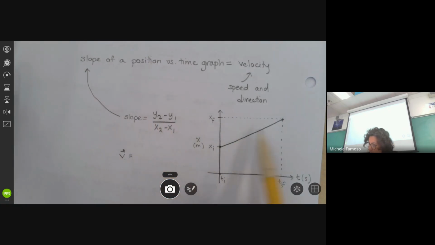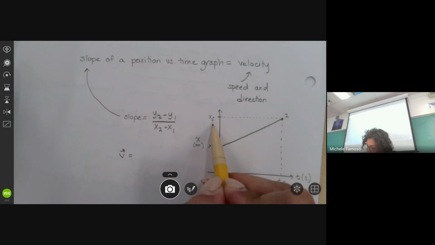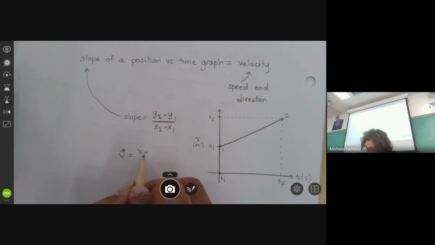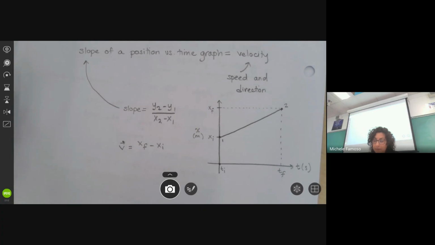The second y coordinate is what we call our final position. The first y coordinate is what we're calling the initial position. The second x coordinate is our final time. The initial x coordinate is what we call our initial time.